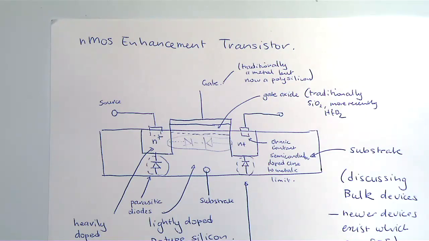So you've got this huge plate now on a crystal, and as part of this process, in most cases, they're lightly doped with boron in order to make it P-type.